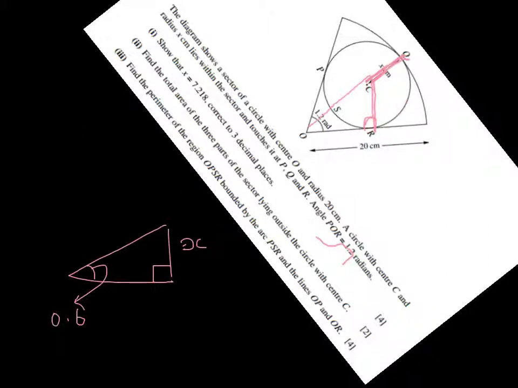So then all I can do is look at this side of my right angle triangle, which is the hypotenuse. And what I know is that from Q to O, all the way from there to there, has to be the same distance as the radius. So it has to be 20 centimetres. Now, I know that part there is x. That means the part that's left over, which is my hypotenuse, has to be 20 minus x.